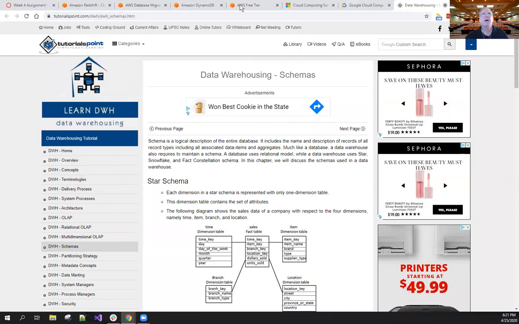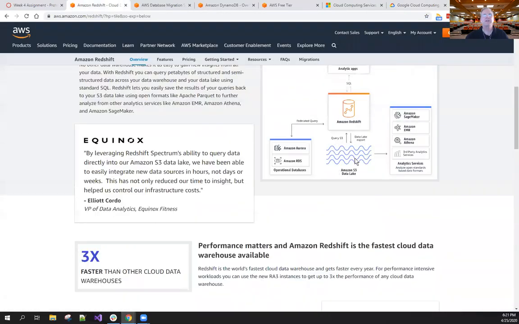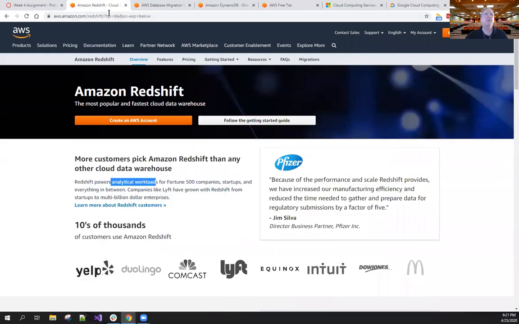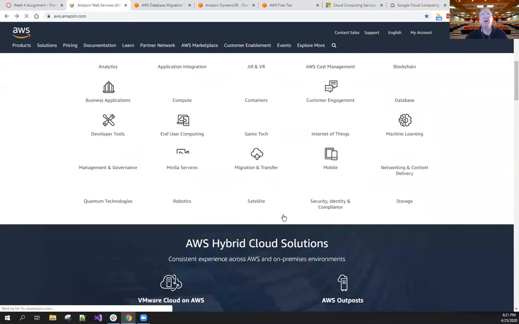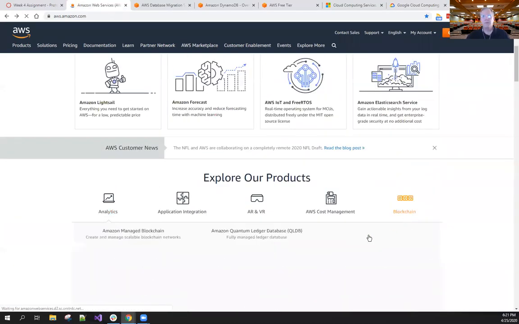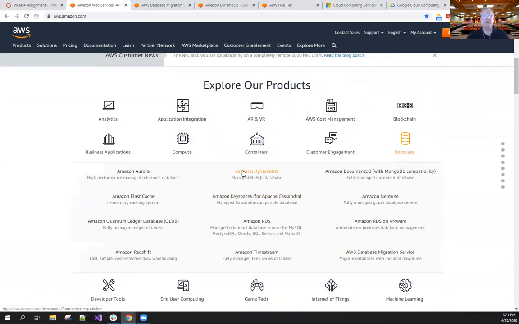So that's data warehousing, and that's Amazon Redshift. We're not a database application, and we're not a data warehouse application, so we're not going to do Redshift, but we are transactional. You can be transactional with DynamoDB, because that's its strength: being transactional, with really fast scaling.